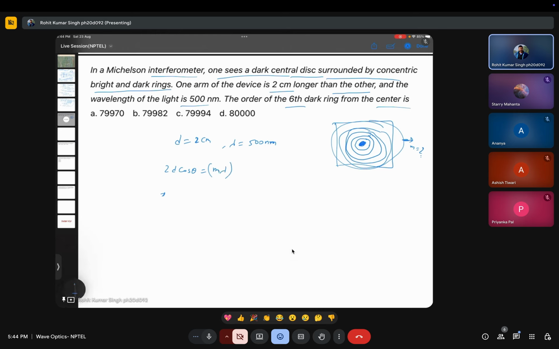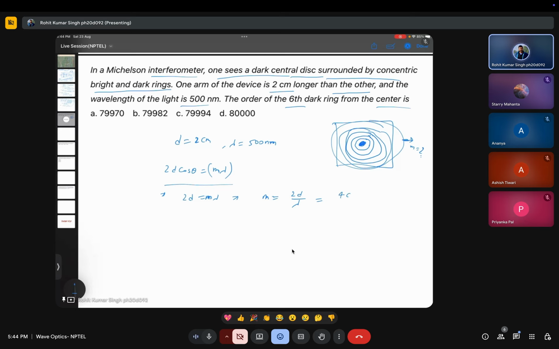For the center, cos theta will be 1. So you have just 2d equal to m lambda. So for the center, you can calculate the order, which is m equal to 2d by lambda.